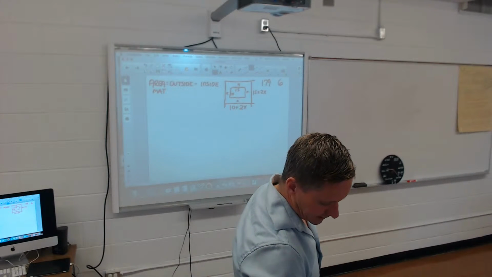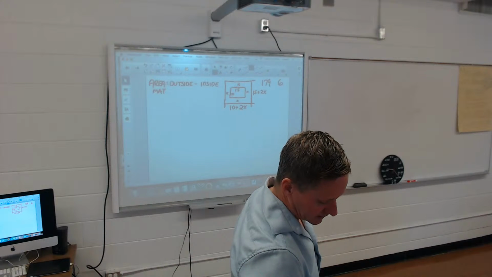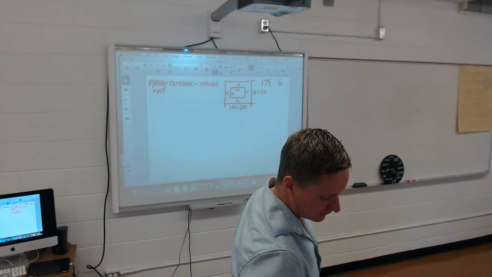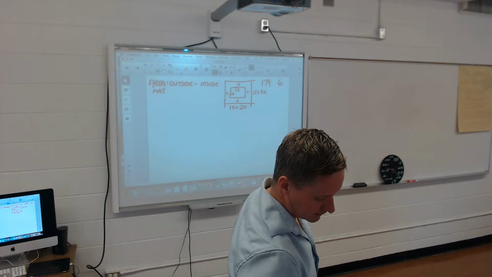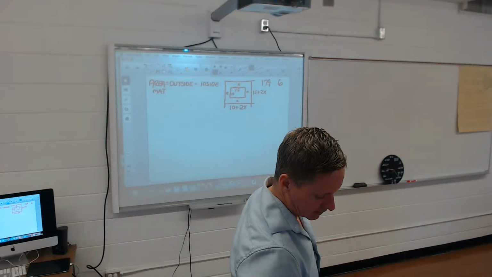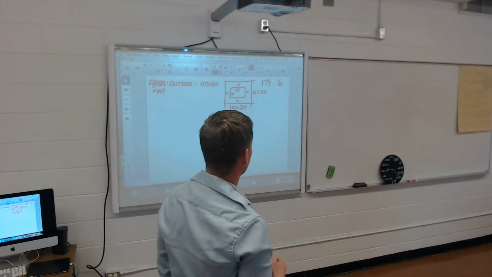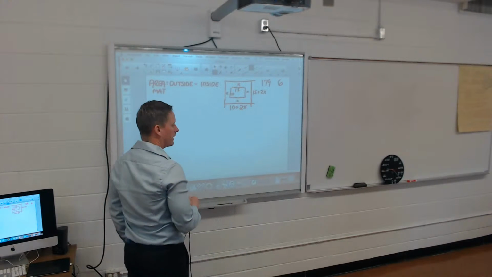TJ has a photo that measures 10 by 15. He wants to fix it to a mat so that there's a uniform border around the photo. The mat and photo will have an area of 500 centimeters squared. What should the width of the mat be? Are we doing this right?